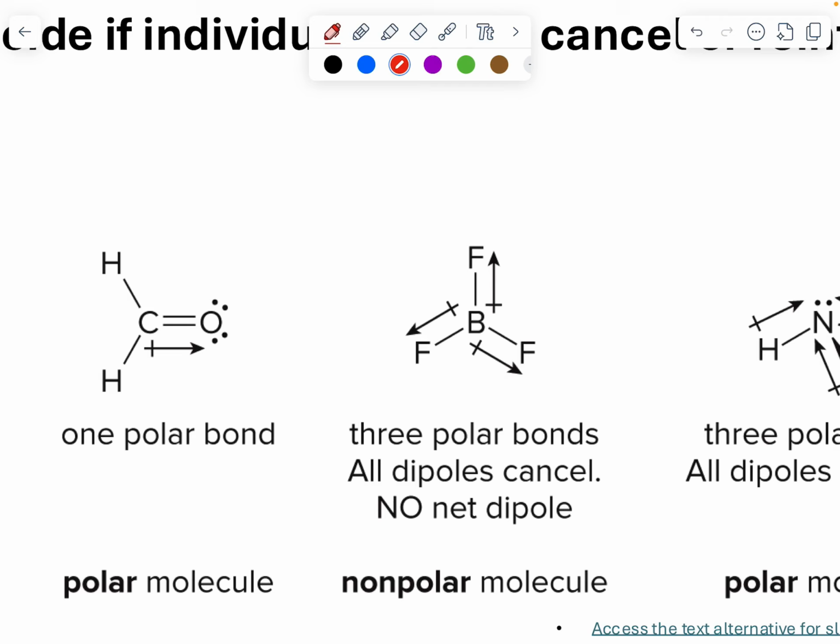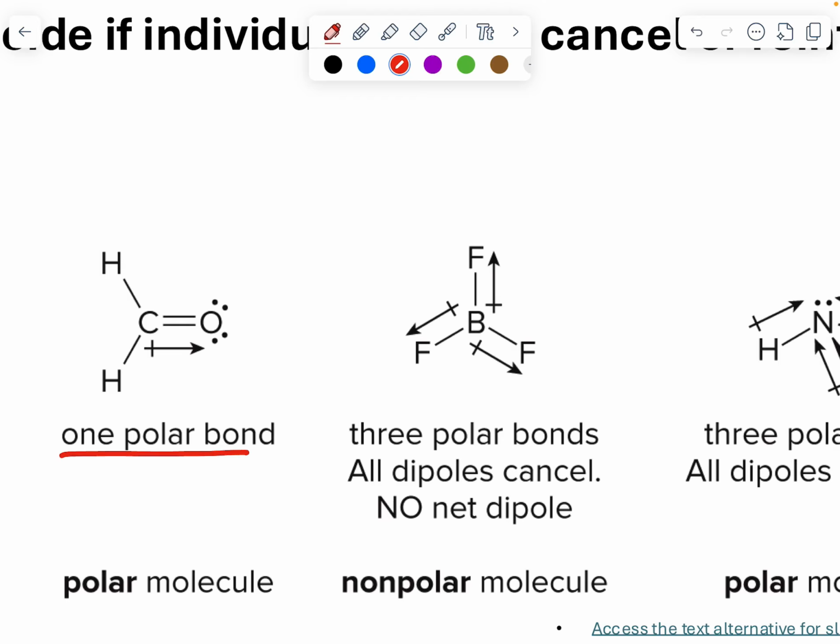We saw earlier that the difference between carbon's electronegativity value and hydrogen was 0.4, which is very close to 0. So those two bonds are nonpolar. However, the C double bond O is polar. And so we have one dipole moment here, and it is pulling away from the carbon. So we see that this is a polar bond, and therefore we have a polar molecule.